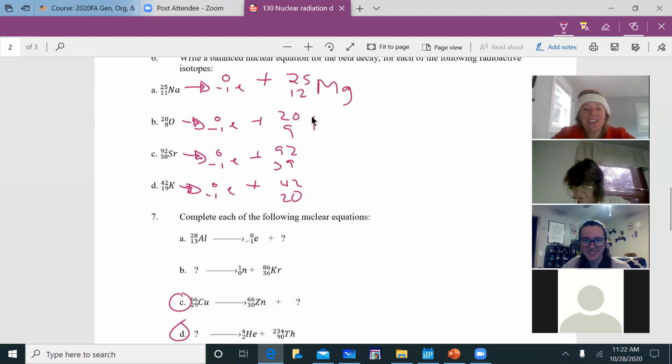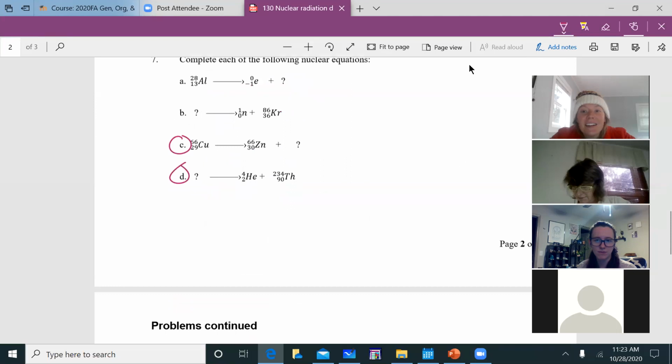This is going to be fluorine. This is going to be yttrium. And then potassium will be calcium. So sorry. All right, hopefully that cleared that up for everyone in the class. So we'll do C and D.